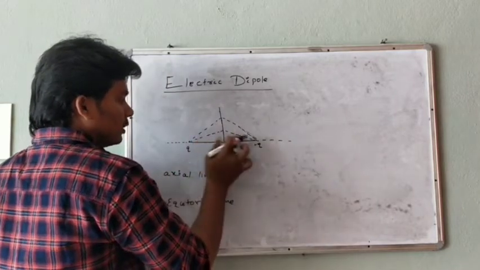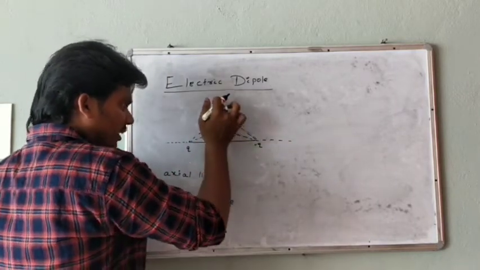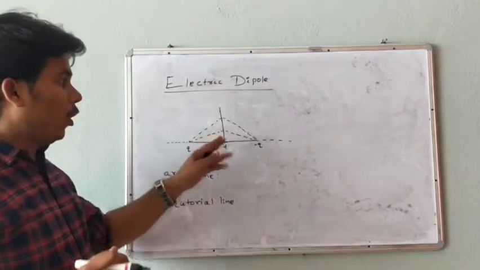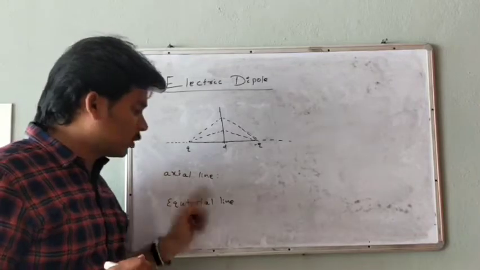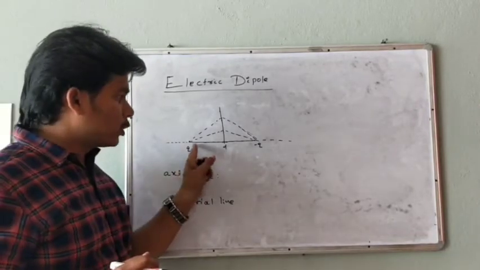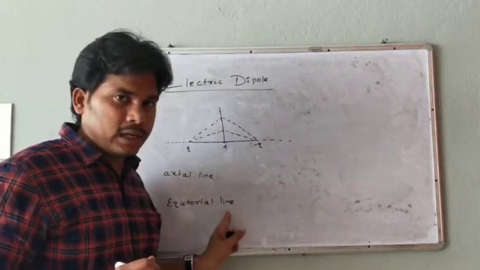Means these two distances are the same. All the points on this line are equidistant from the two charges. This is called the equatorial line. Now we understand what is the axial line and what is the equatorial line.